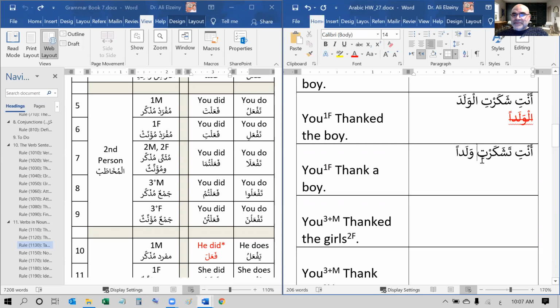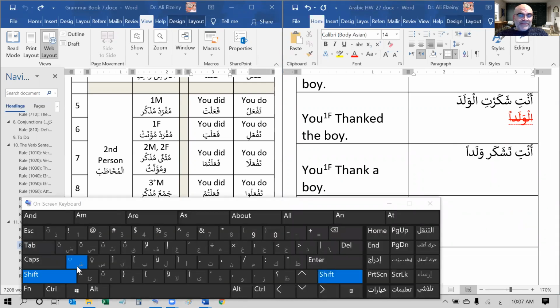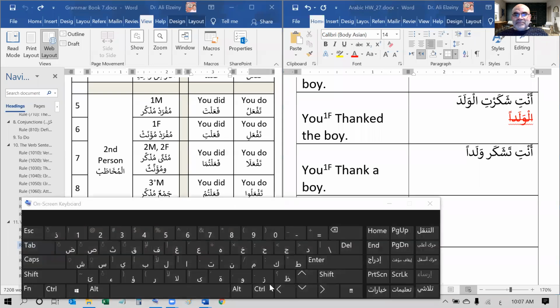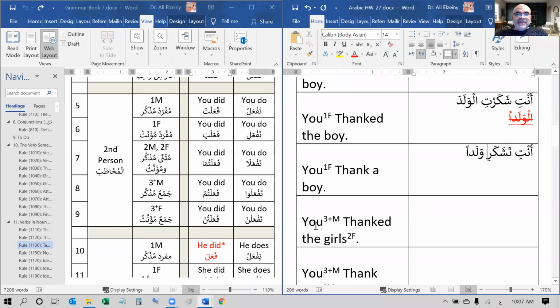Tashkuri, and this is kasra. Tashkuri. Okay? So shakara, which sounds like fa'ala, becomes tashkuri, which sounds like taf'ali. Okay?